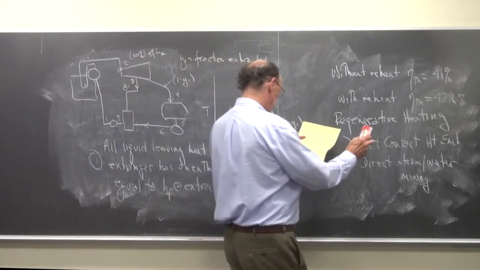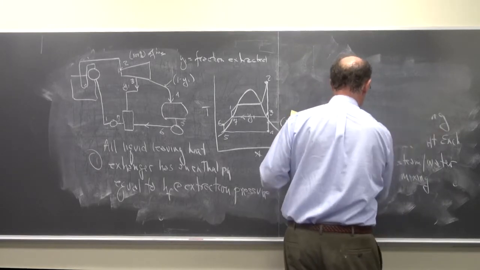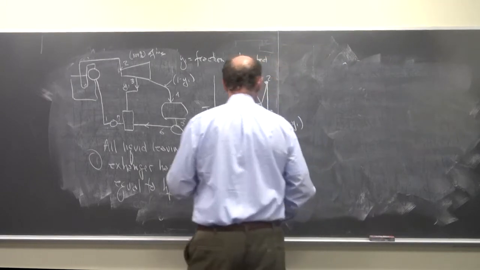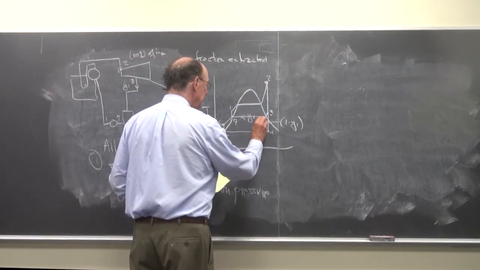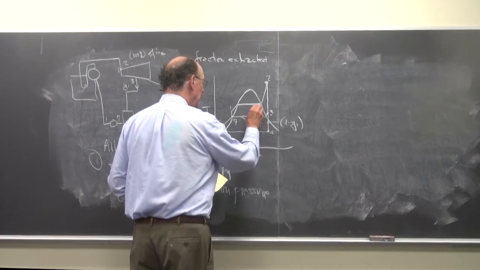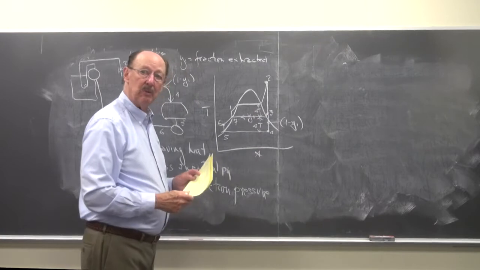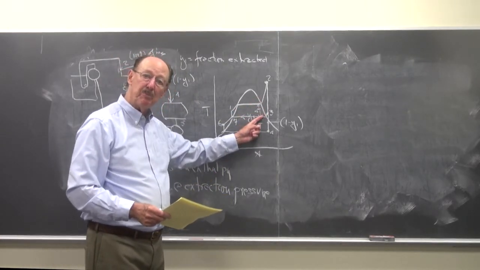We also, when we designed this, in the ideal design this delta T and this delta T are equal. So the question is, where do you have this pressure occur?